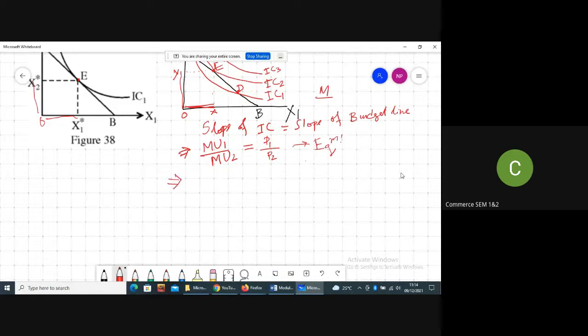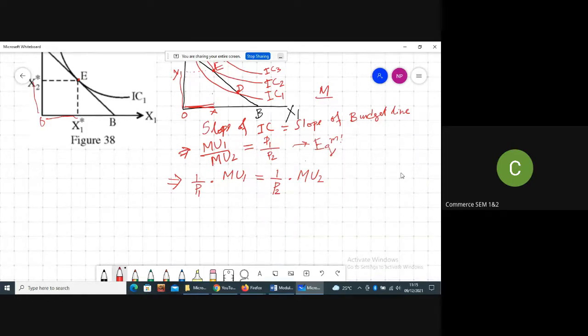We can write 1 by P1 multiplied by MU1 equal to 1 by P2 multiplied by MU2, where P1 is the price of commodity 1 and MU1 is the marginal utility of commodity 1, and similarly P2 is the price of commodity 2 and MU2 is the marginal utility of commodity 2.